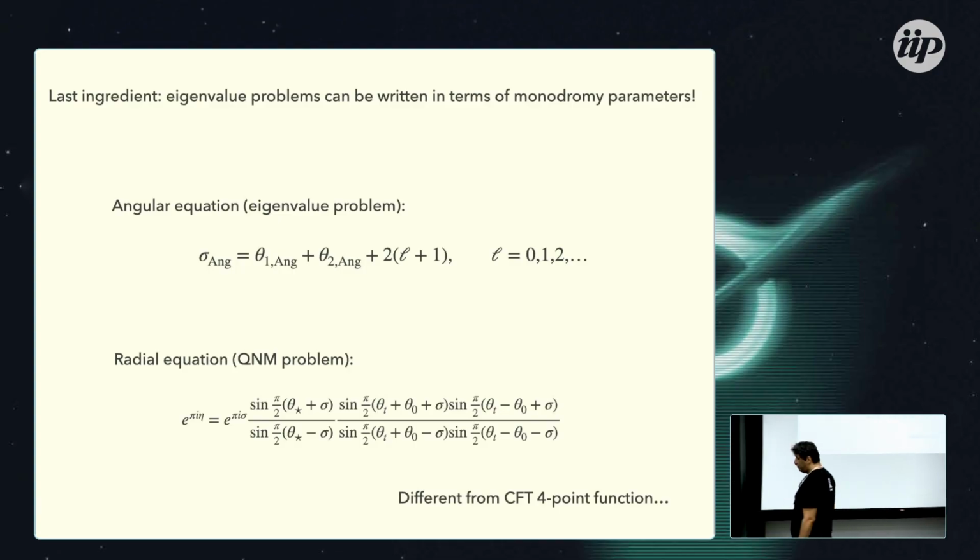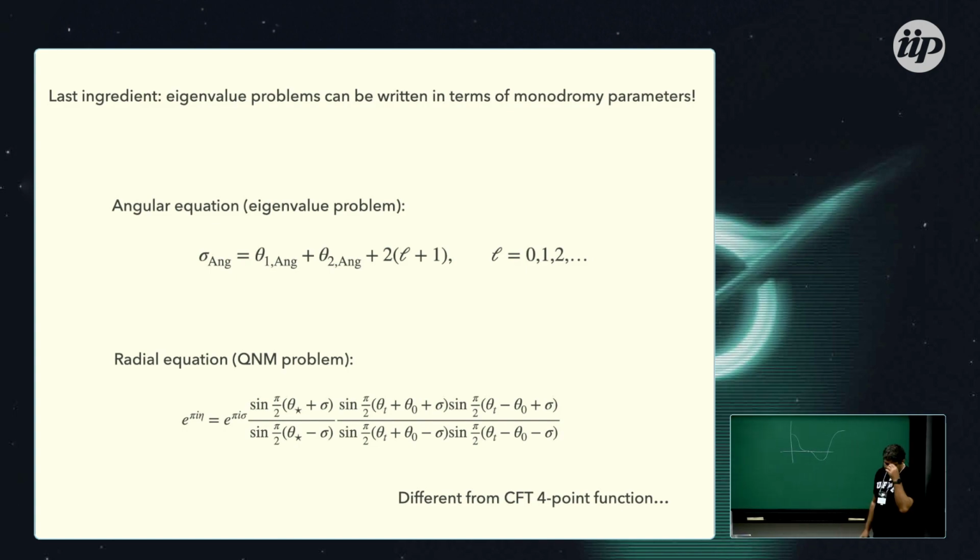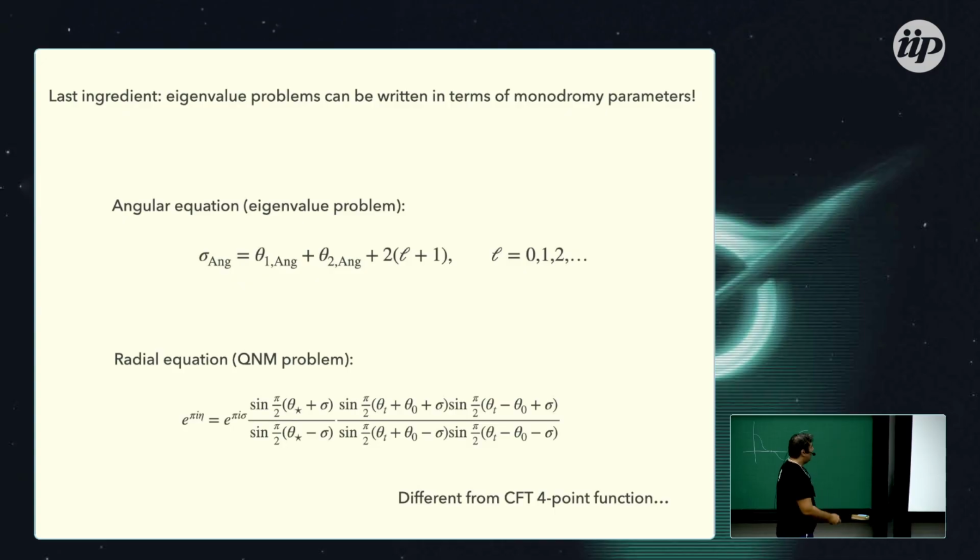For the radial equation, the problem is a bit more involved. You need this eta parameter, and you need to show that the eta and the sigma parameter are related this way. This is usually different from the CFT four-point function in the semiclassical case, in which you set this eta parameter by locating the saddle point of the semiclassical action.